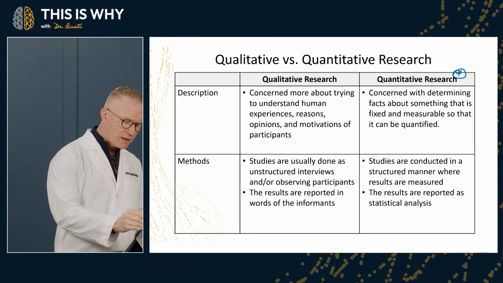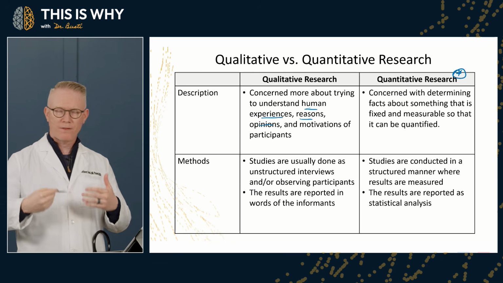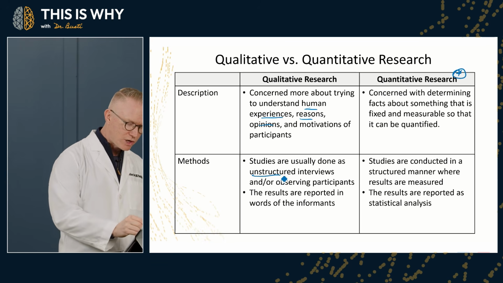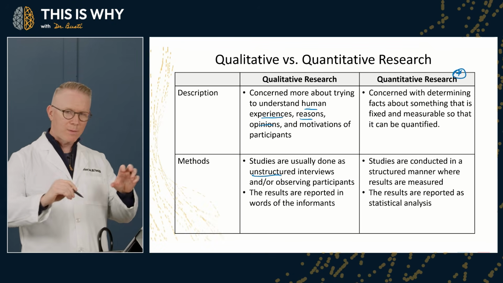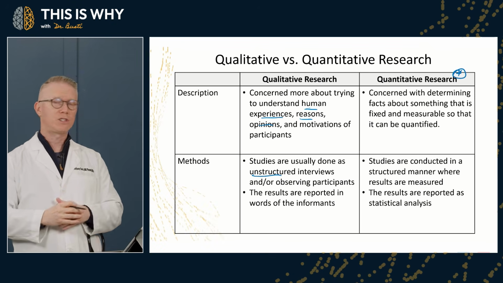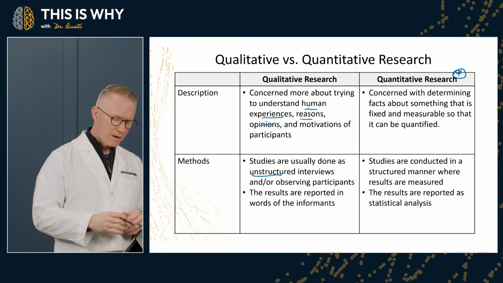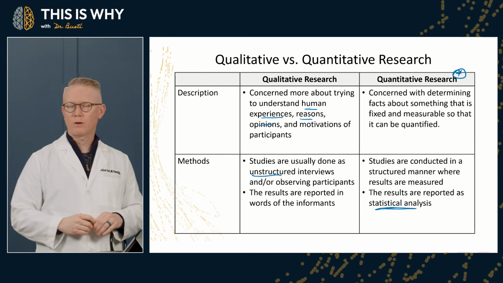That qualitative, again, is more about that human experience and the reasons, opinions, and motivations of the patients and participants, okay? It's usually done as unstructured interviews, people being observed, and then we summarize them and put their information in a descriptive format, okay? Versus quantitative studies or research, which are statistical analysis.